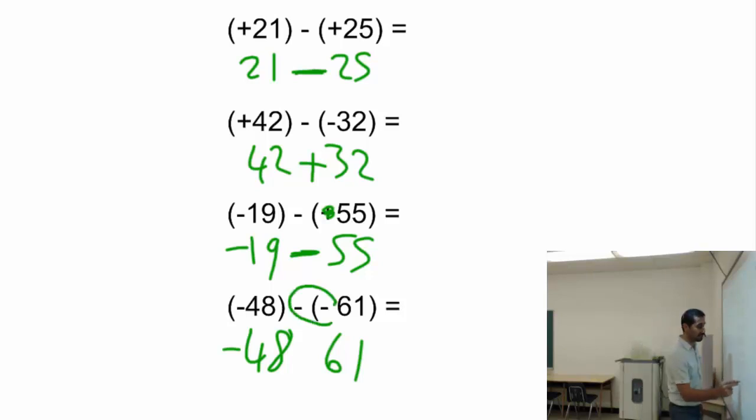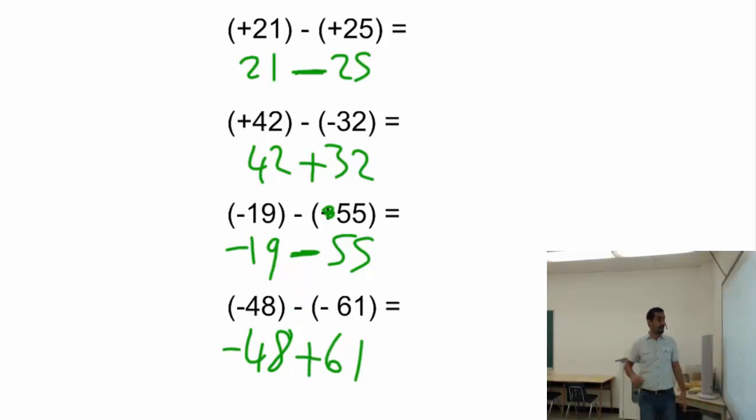And over here, two negative signs next to each other. So I'm going to have a positive sign. So now all the numbers out of the brackets and the signs are placed perfectly. So I'm just going to use the rules, and remember that the answer will have the big number's sign.